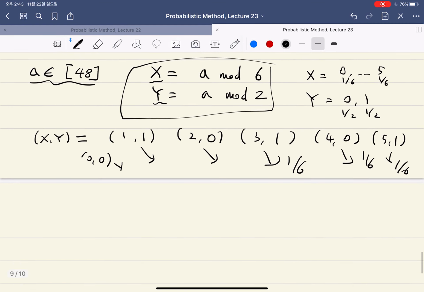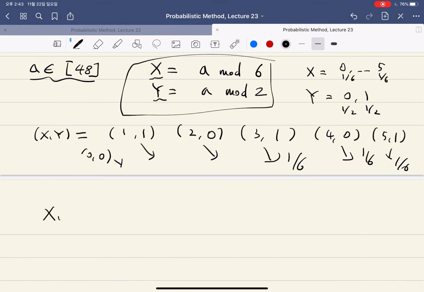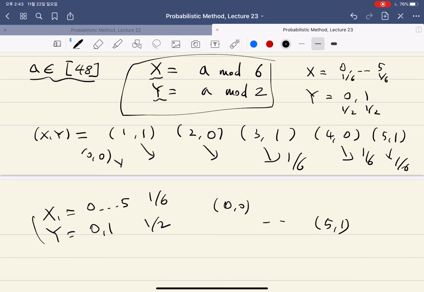On the other hand, if x takes the values 0 to 5 with probability 1/6, and y takes the values 0, 1 with probability 1/2, if they are independent, then all 12 values, from (0,0) to (5,1), occur with probability 1/12.